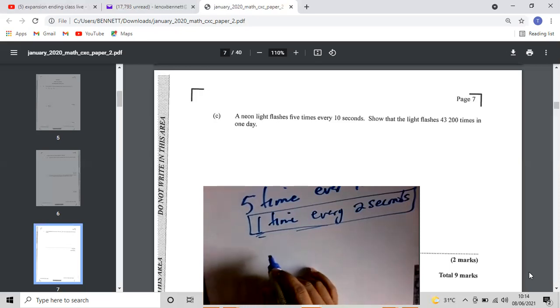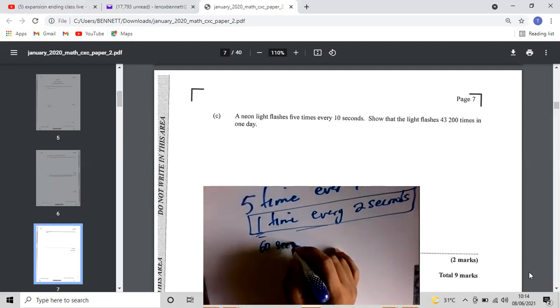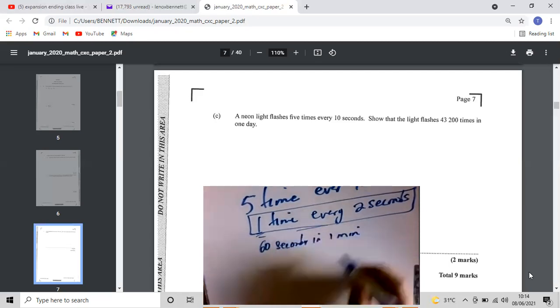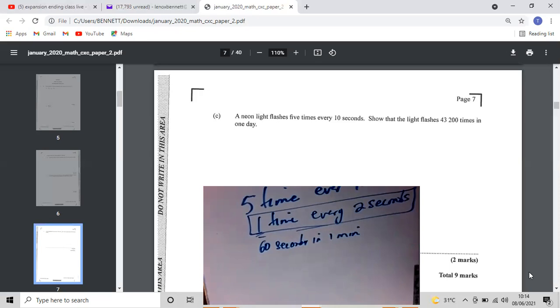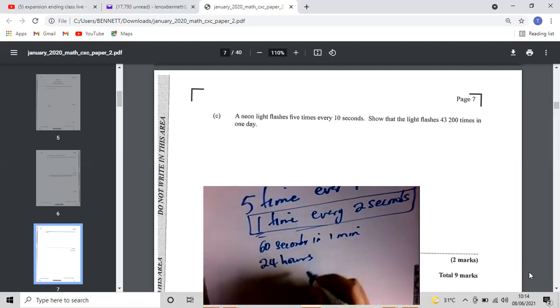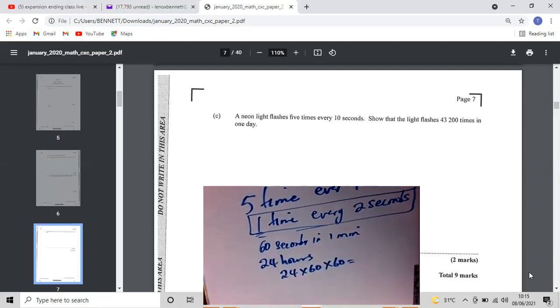All right. So 60 seconds in a minute, and there are 24 hours in a day. So 24 times 60 is the number of minutes, times 60 again is the number of seconds. So first, 24 hours in one day, to convert it to minutes, multiply by 60.